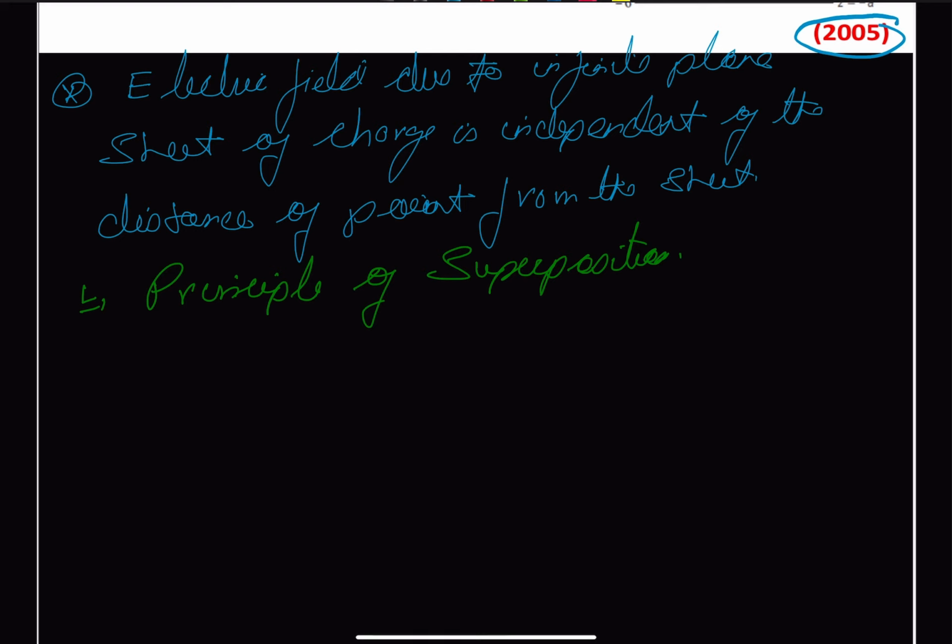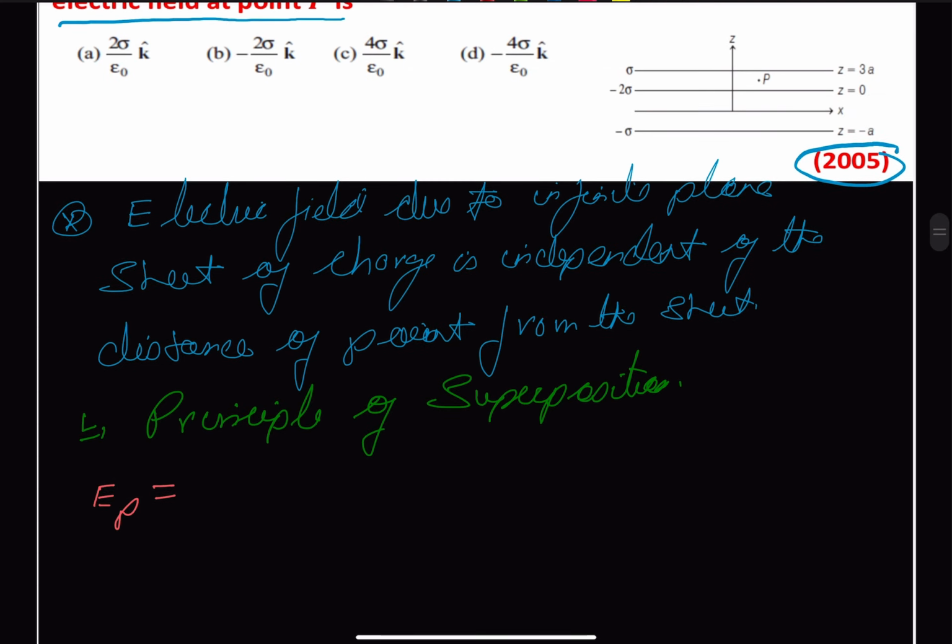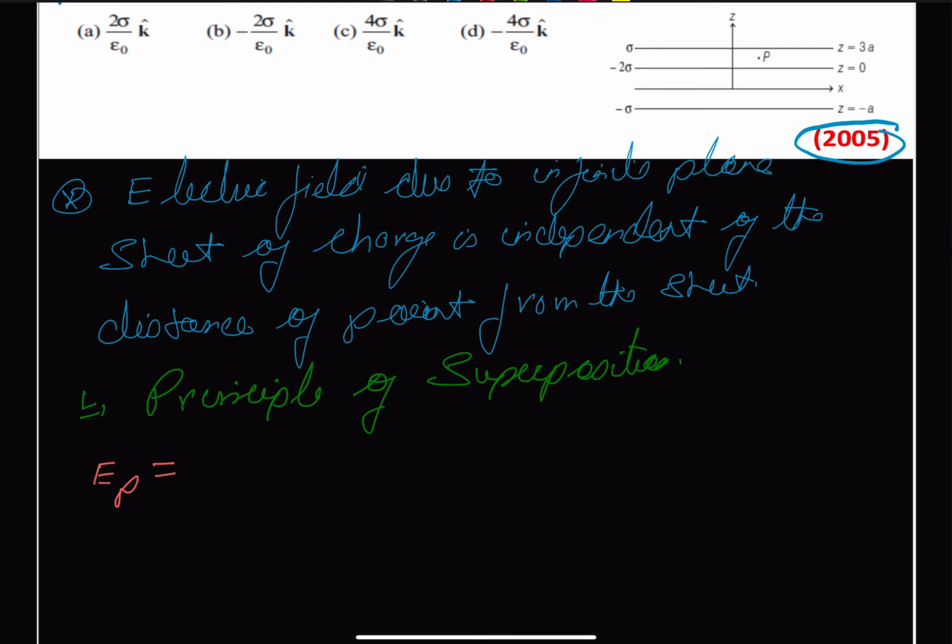We can write the electric field at point P as the electric field because of the sheet at Z equal to 3A, plus the electric field because of the sheet at Z equal to 0, plus the electric field because of the sheet at Z equal to minus A. And we are simply going to substitute there.